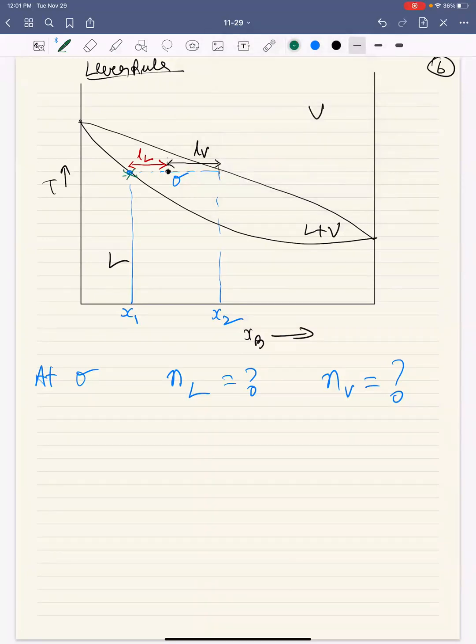What is the value of LL at the green star that I drew? 0. The distance from the nearest liquid point is 0.